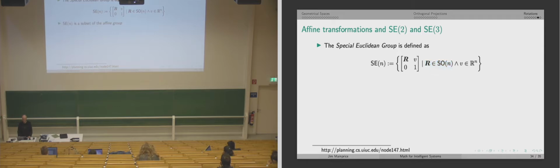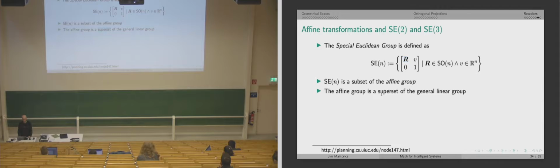It's a subset of the affine group because here we specify that this has to be part of the special orthogonal group. In the affine group, this matrix is arbitrary. And the affine group is a subset, I think, of the general linear group. Maybe I have to check that. Superset?